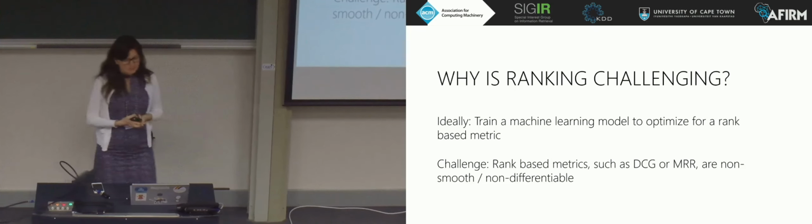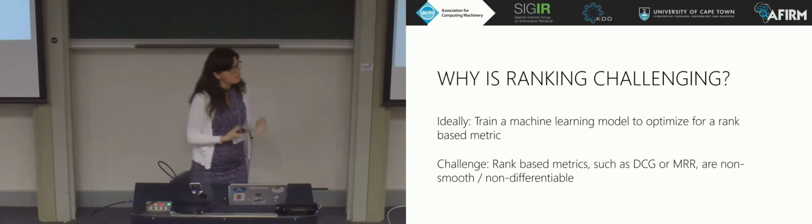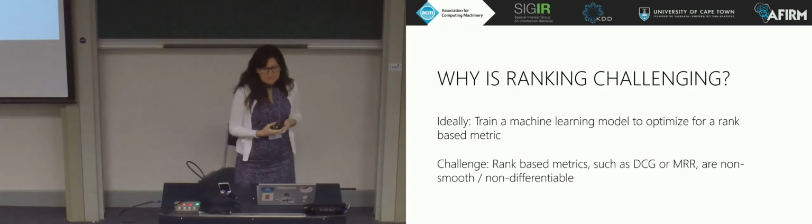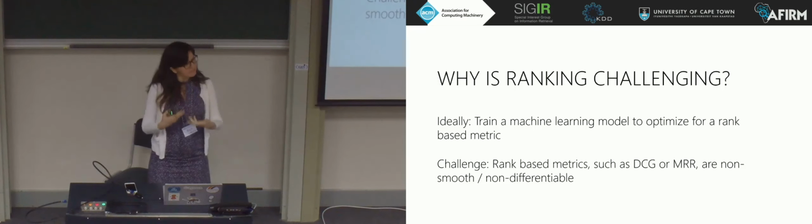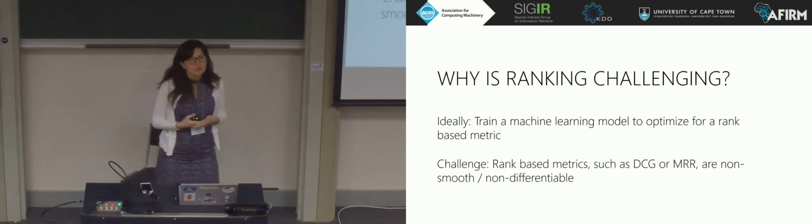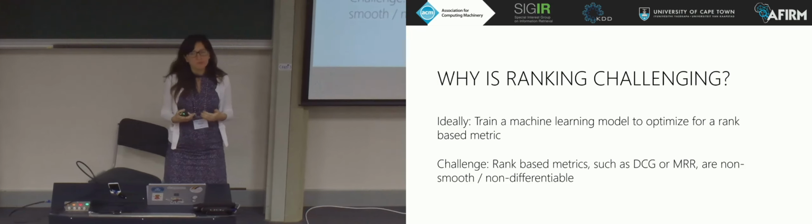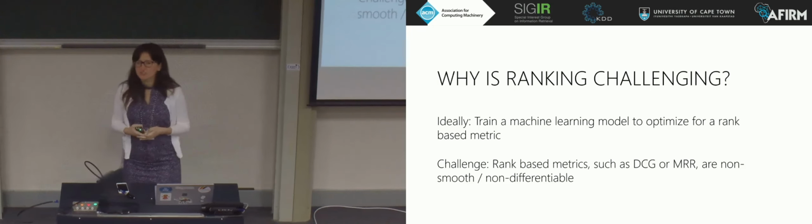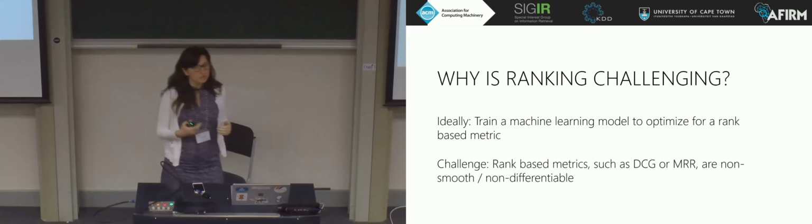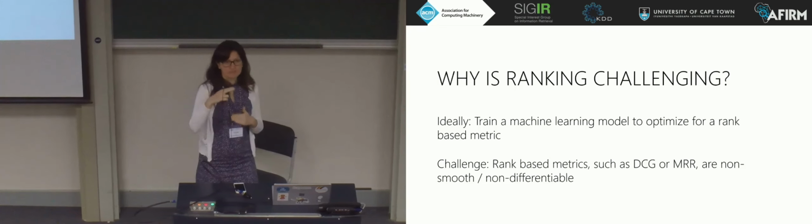One of the primary challenges in learning a ranking function is that when you train a model to generate a ranking, you ideally would like to train a model that can optimize for a rank-based metric. You have seen in the evaluation lectures several metrics that evaluate the quality of a ranked list of results.